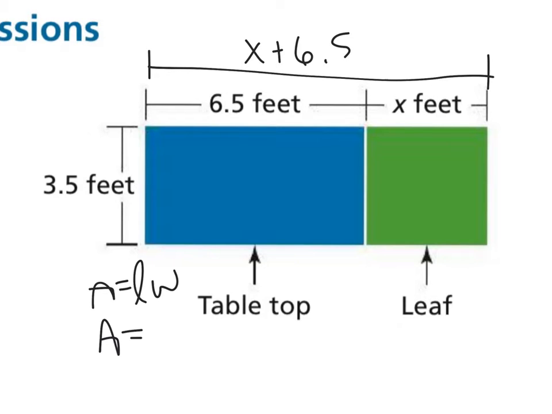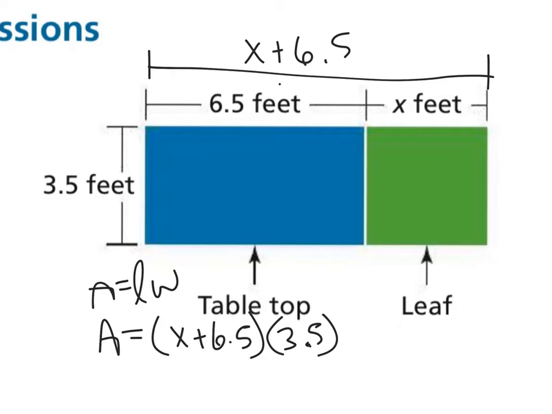Well, normally we might think of the x plus 6.5 as being our length, but when you're multiplying, does it matter what order you put the factors in? No. You'll still get the same answer. So we can think of it like this, but if we just switch those around, that will give us that same expression that the book had.